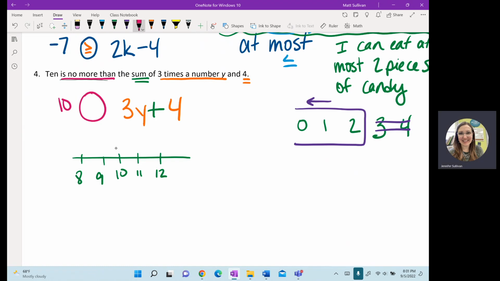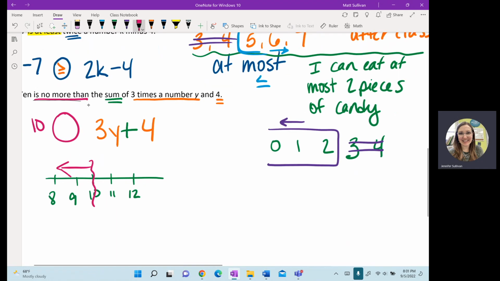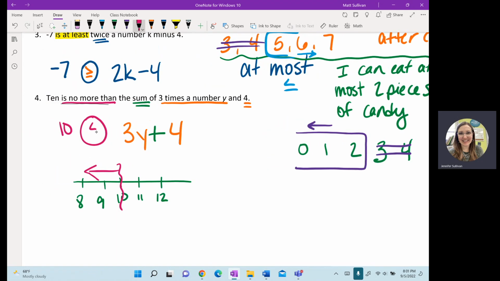If it's not more than, then it means it needs to be less than. 10 is no more than the sum of 3y and that. So this is going to give us for sure our less than. Does it include the equal to? Yes, it's not more than. It means it can be 10, but it cannot be more than 10. So 10 is included. So we are going to put the equal sign with it.